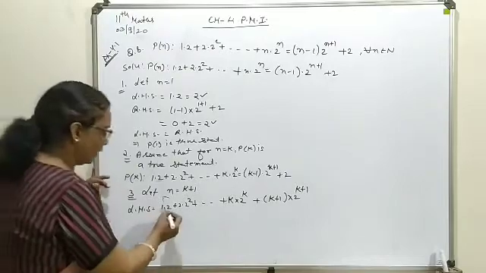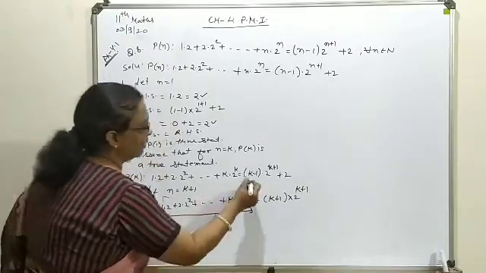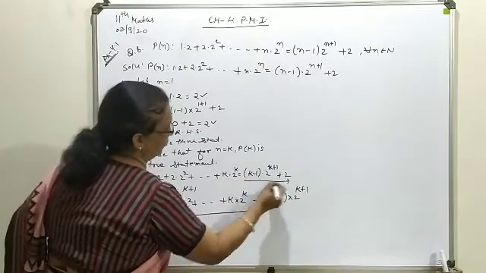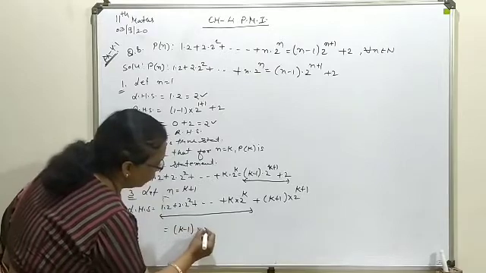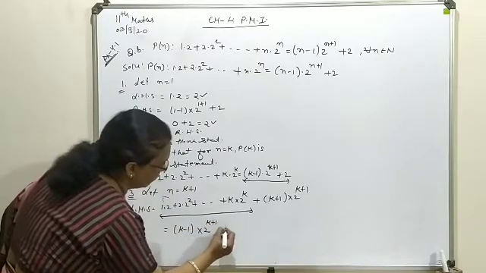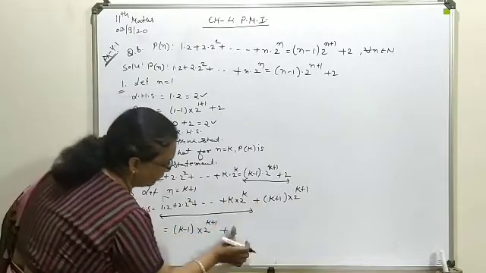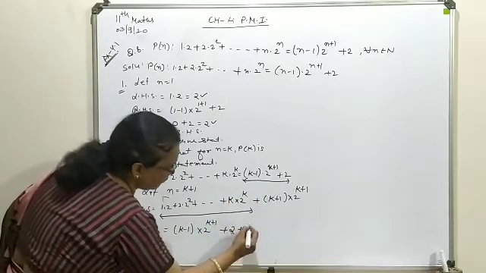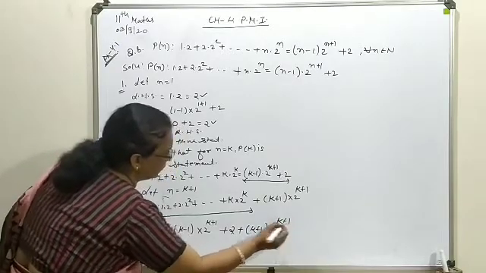As per the method, the sum from the first to the kth term will be replaced by this combination, that is (k minus 1) into 2 power (k plus 1) plus 2, and the last term we keep as such, that is (k plus 1) into 2 power (k plus 1).